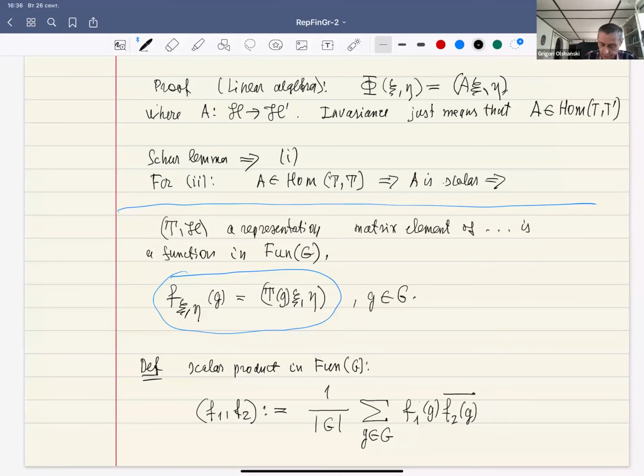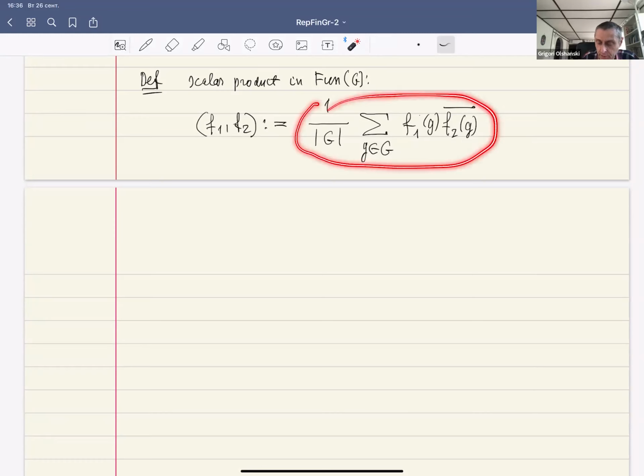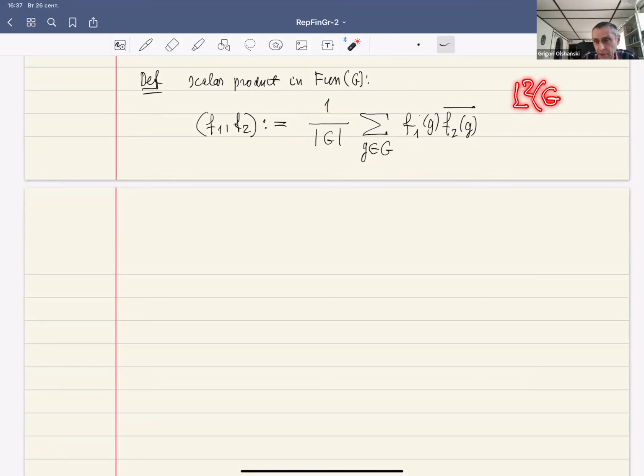Why? Somebody already asked me why to do this, and the reason is as follows. What I want to say can be extended to the case of a compact group, and for a compact group, it's reasonable to work with the normalized Haar measure. So this scalar product is just the scalar product in the L2 space of our group. It's a finite set, but nevertheless, with respect to some measure.